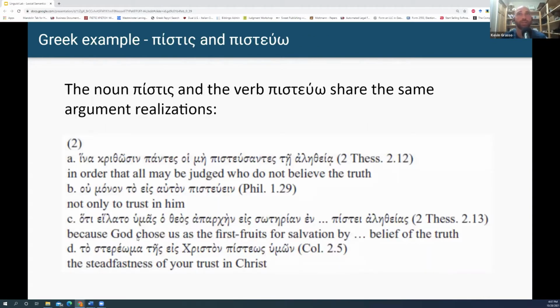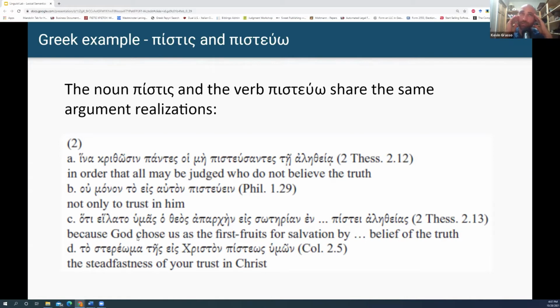So what's interesting, and this is again just taken out of my paper, is that the noun pistis and the verb pisteuo share the same argument realizations. So the idea is that, again, we talked about the dative alternation in English. If you derive, even like throw, I made a throw.